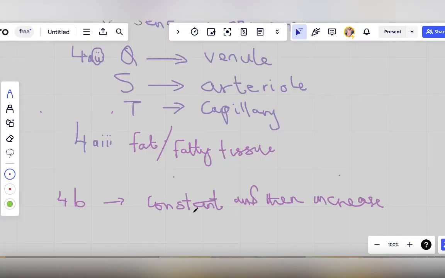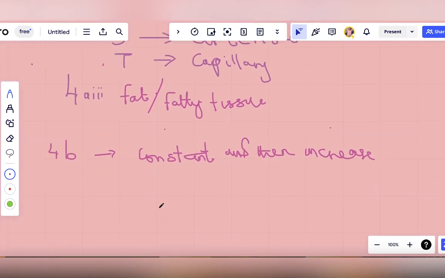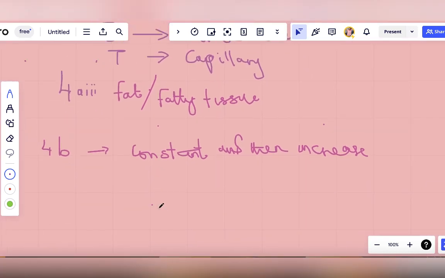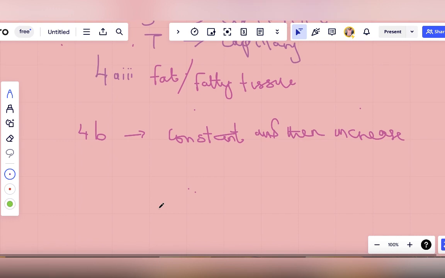So constant, the value of the blood flow. You can measure the value of the blood flow first. So constant at the flow value, 4 or 5, or 4.5 or whatever.